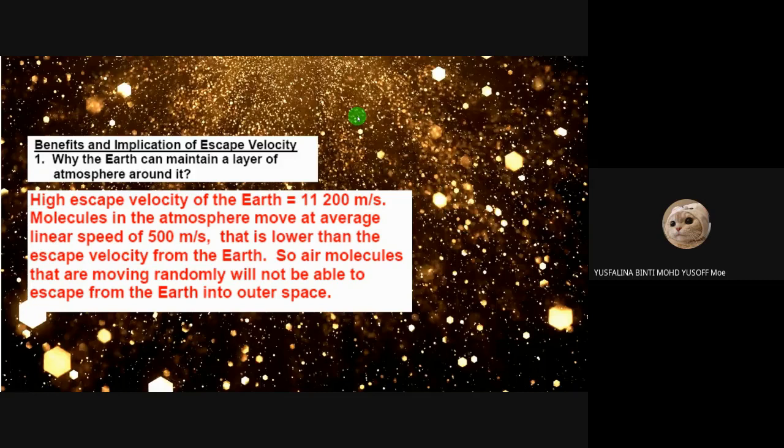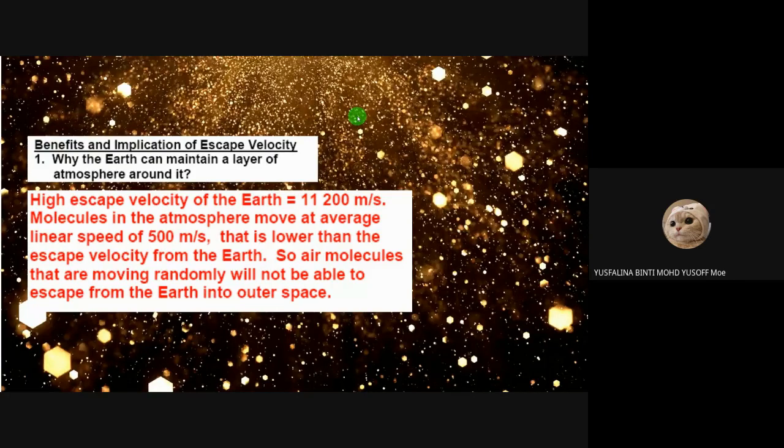Okay, so the molecules of the atmosphere move at an average linear speed of 500 meters per second. You can see it is lower than the escape velocity. When it is lower than the escape velocity, that's why it cannot escape to outer space. So the air molecules will keep staying in the layer of the atmosphere.